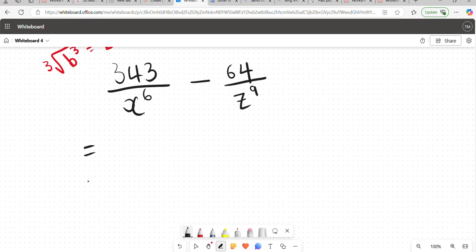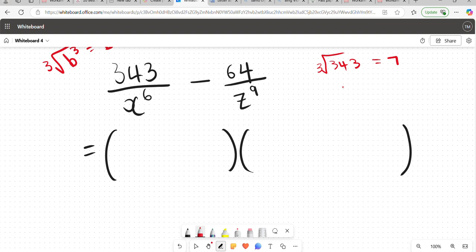So this does not require us to do common factor first. We can jump straight right into it. We open our two brackets. If you cube root this big first term there, you are cube rooting the numerator separately, 343, giving you a 7, and you are cube rooting the denominator separately, which gives you an x squared.